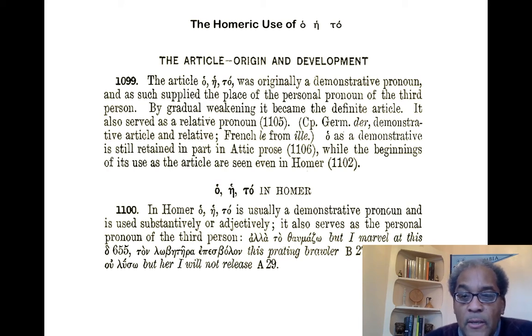So here we see tḗn, the accusative feminine singular of the ho, hē, tó, being used as the personal pronoun of the third person to simply mark her.